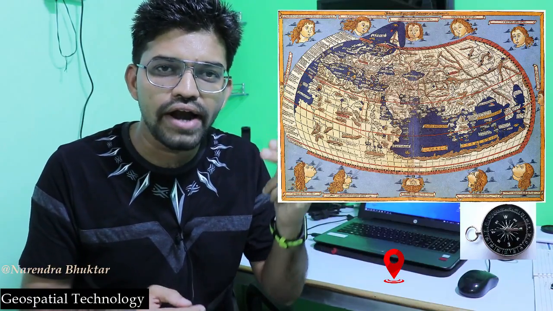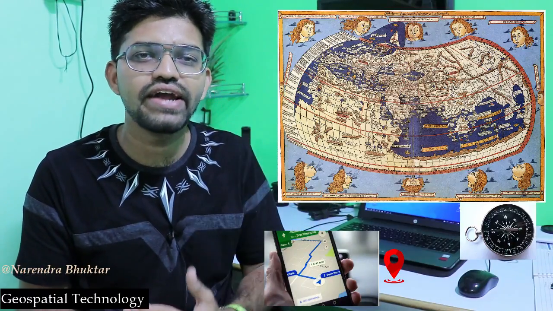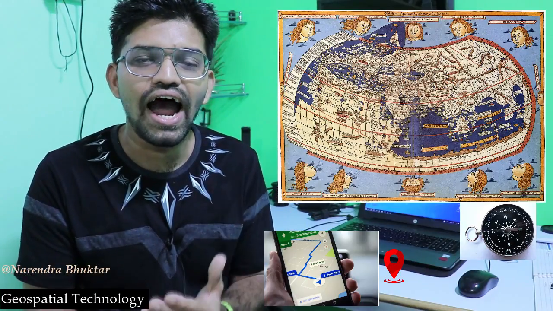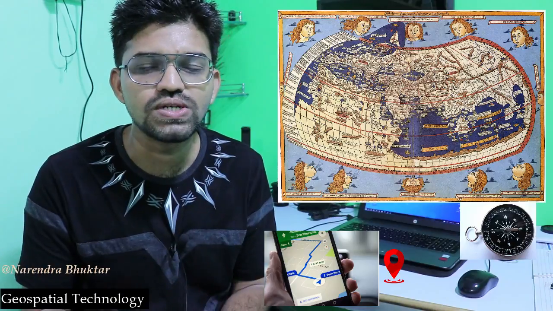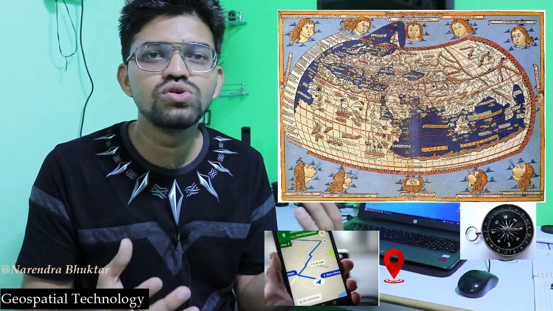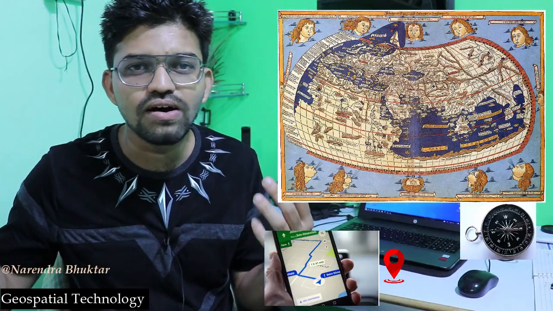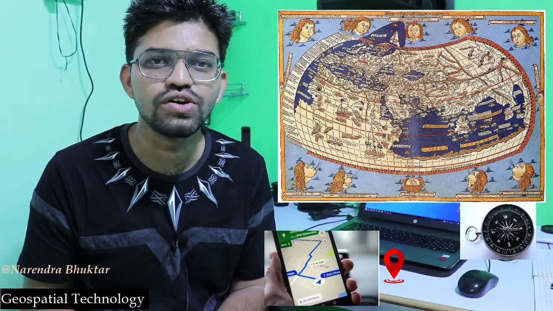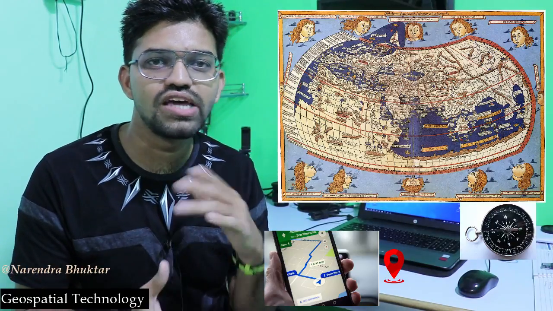We can accurately pinpoint the location of our destination and travel to it precisely and with a high amount of accuracy, thanks to Google Maps and the GPS satellites that are useful for navigation. So guys, this is regarding navigation.